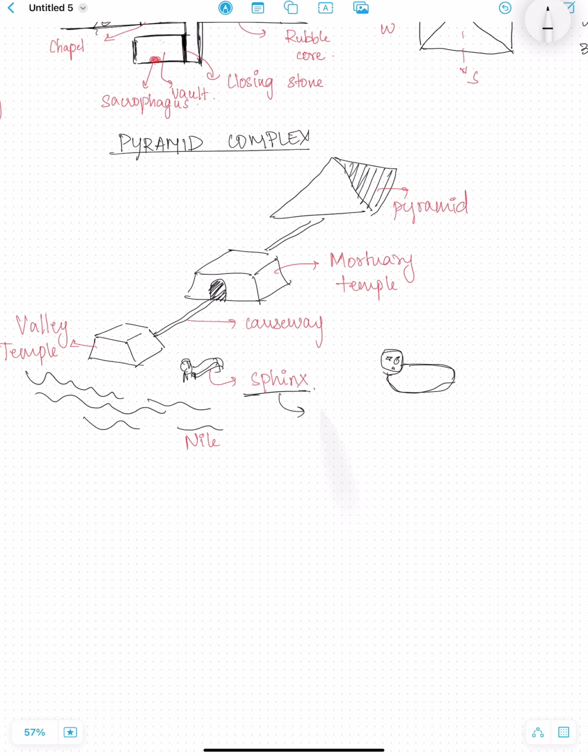So it has a human face with a lion or ram body.